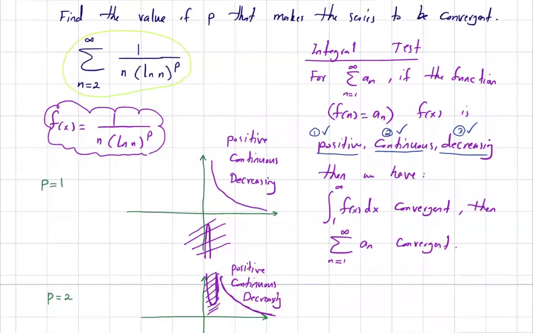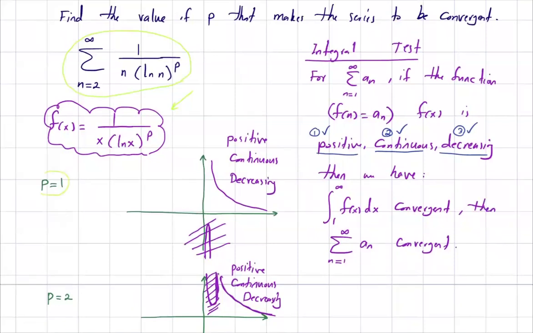We can apply the integral test here. Why is that? Because the function f of x, let me write everything in x to avoid any confusion when you're rewatching this, 1 divided by x times ln of x to power p, is always positive, continuous, and decreasing.